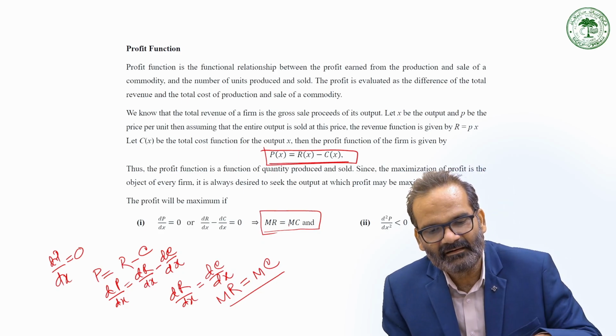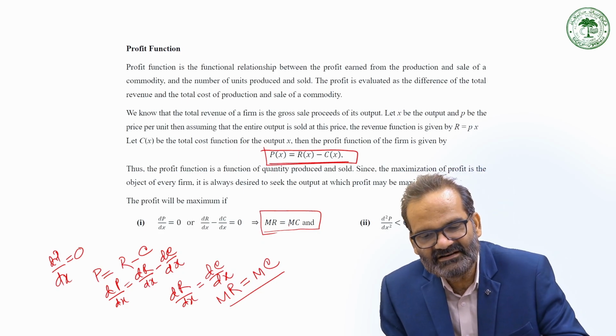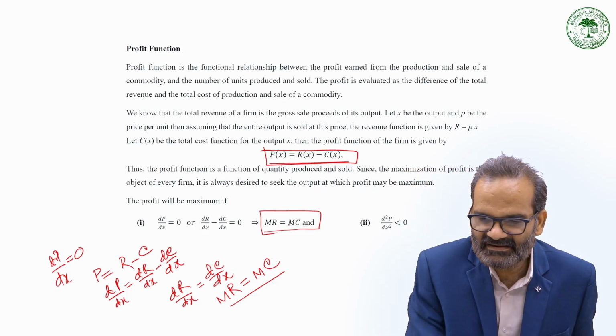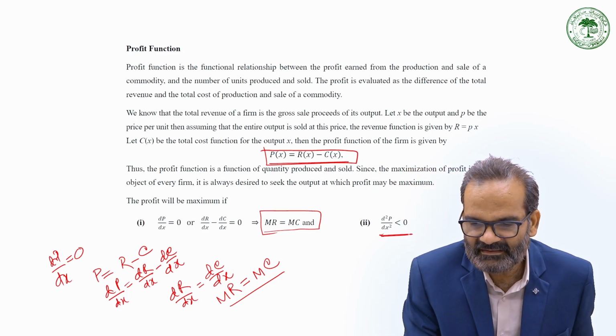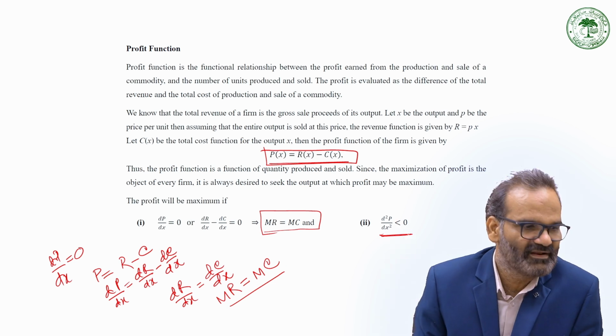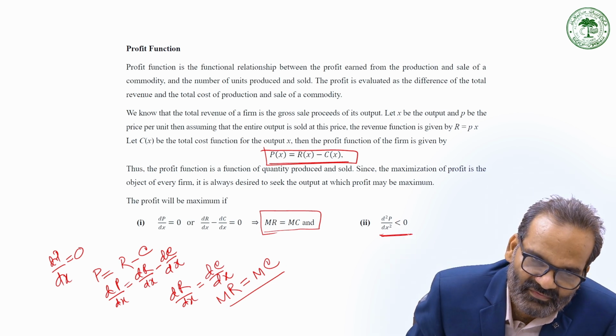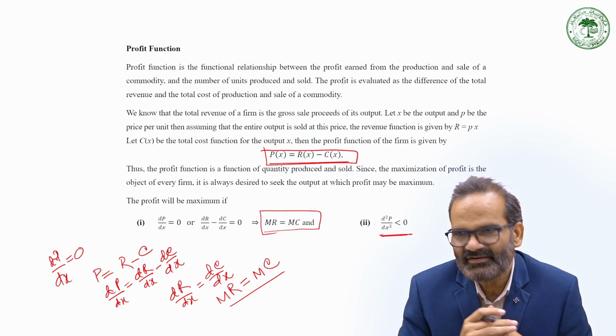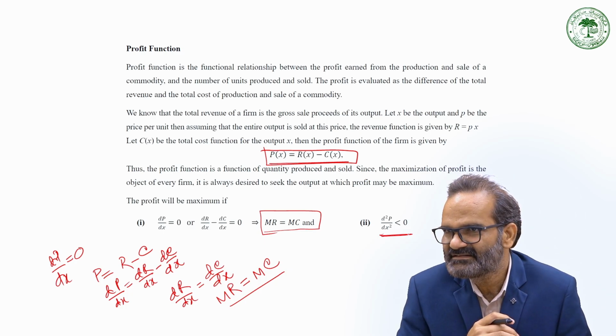And after using the first order condition, this will give you some stationary values. The second condition is as usual: the second derivative should be negative for any stationary value, only then the profit will be maximum. Actually, profit is considered a very important aspect in business.